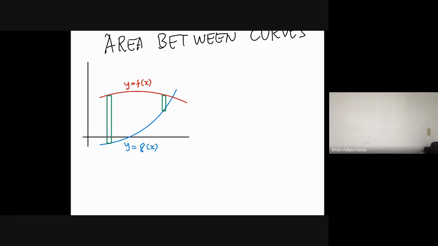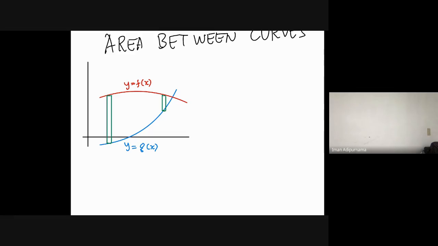If we have two curves, f and g, and we want to evaluate the area between f and g, the height of this rectangle will be f of x minus g of x, the difference between f and g, okay?